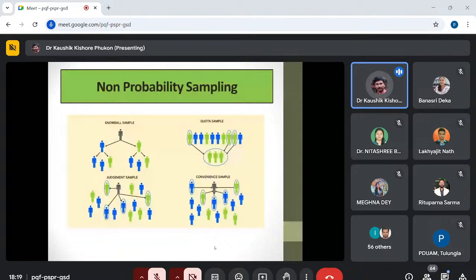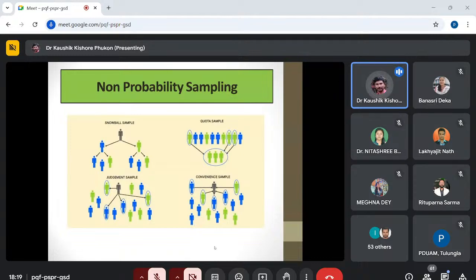Quota sampling: you divide the strata and then apply judgment sampling. Judgment sampling: you apply your own judgment and select a sample from the population. Convenience sampling: the most convenient objects you include in your sample. So these are the 4 types of non-probability sampling. I hope it is clear to you.